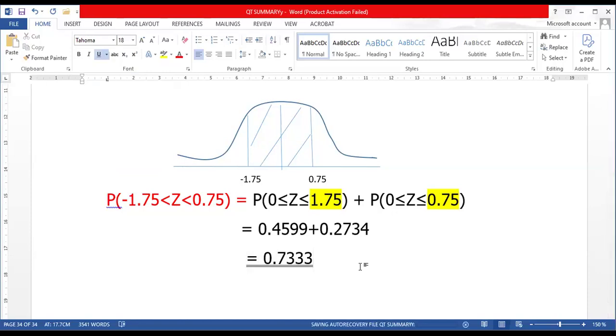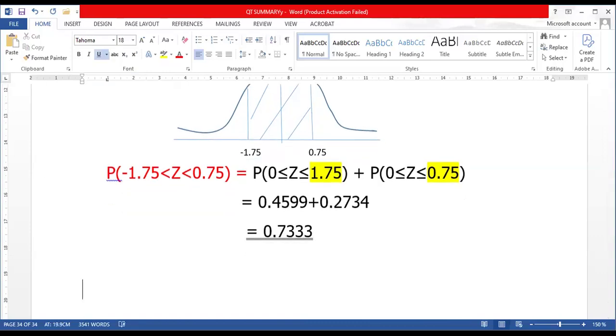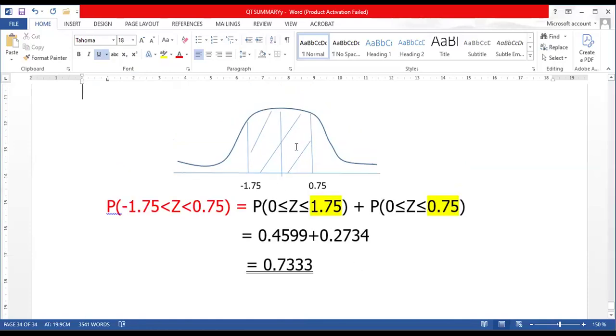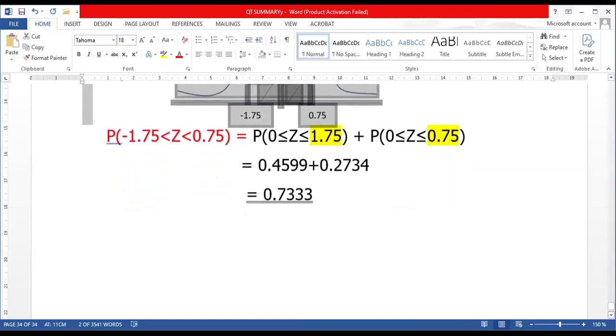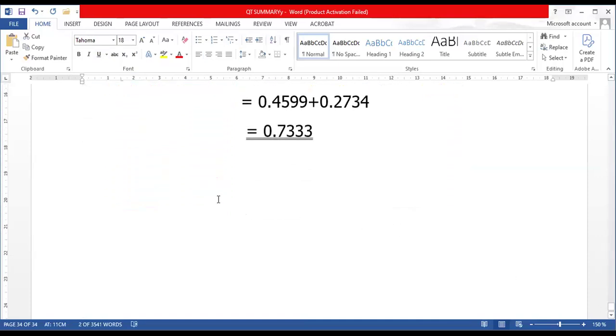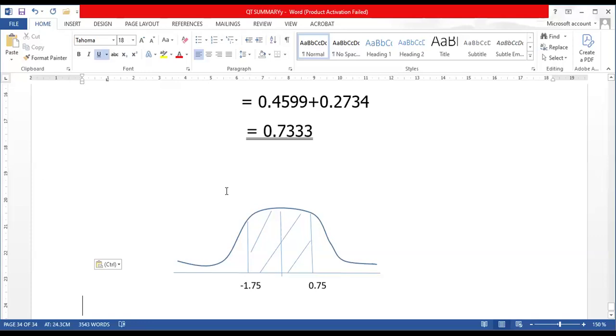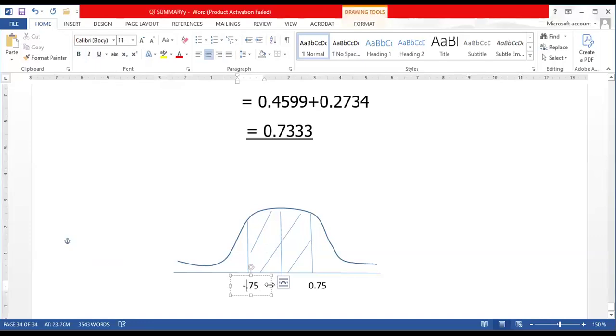I want to ask you guys, if you have something like this, let me draw that. We are almost done with this topic, this area about the normal distribution, and I don't want to stretch it a lot. Assume this is your diagram, and I don't have this, let me delete it.